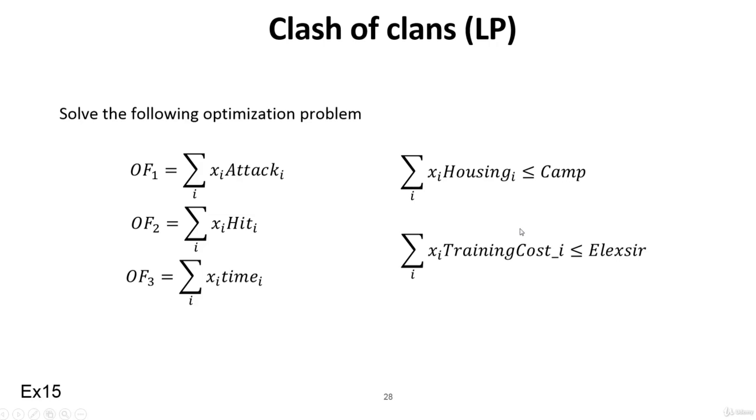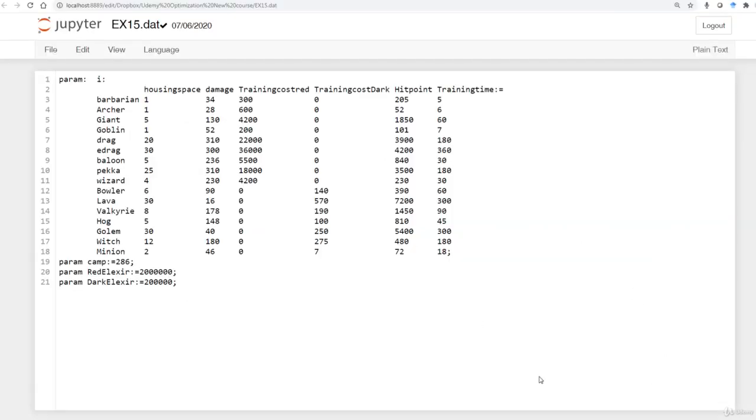Okay, so for solving this model, you do need to have the different characteristics associated with each troop. For example, in this dat file, you can see the different troops here.